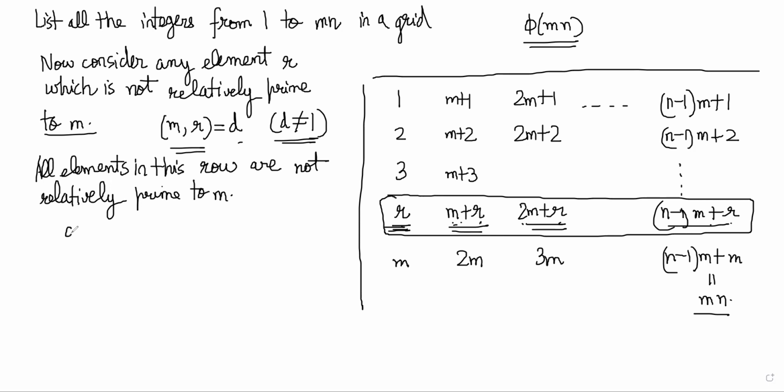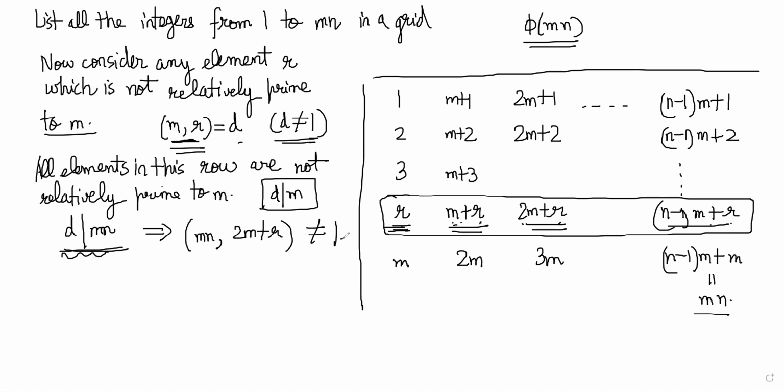So therefore, d will divide mn also. Notice that d divides m, because d is the GCD of m and r, so obviously d divides mn also, right? So therefore, the GCD of mn with any number here, like 2m plus r, is not going to be 1, right? It has to be at least d. Please take a moment and try to think through it.